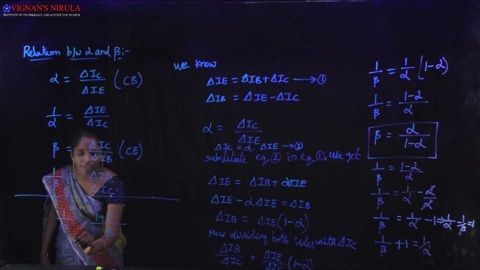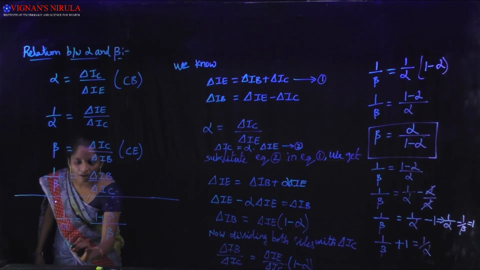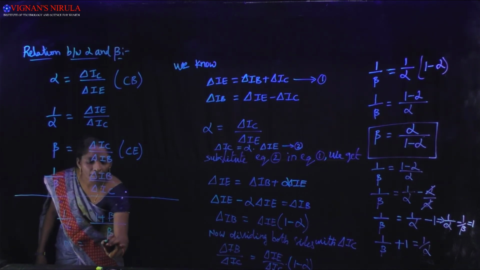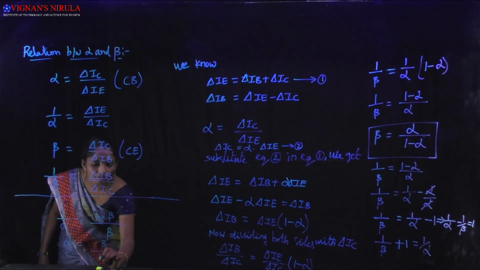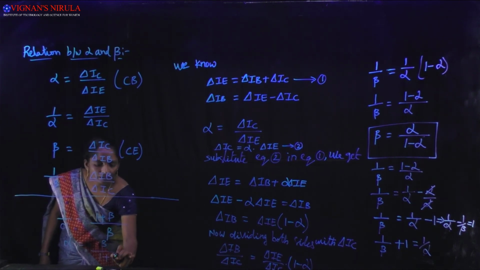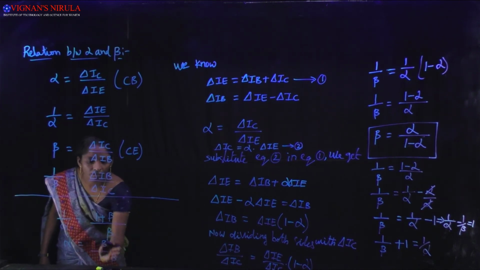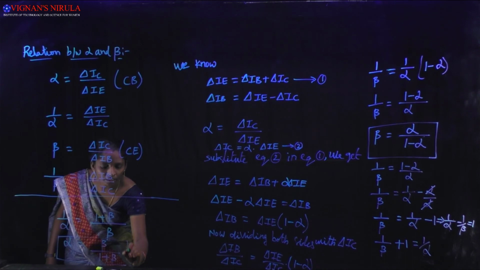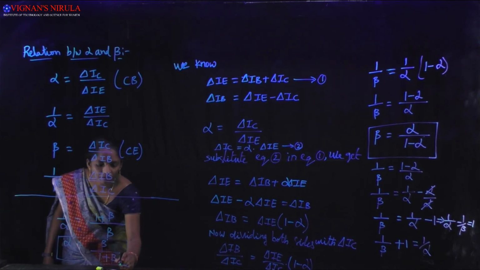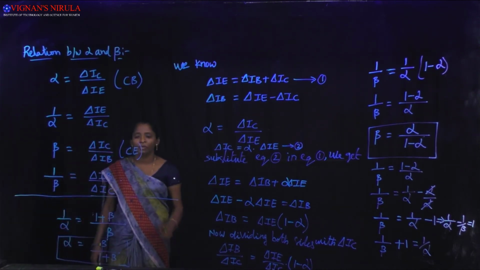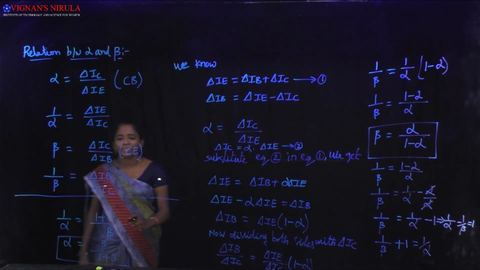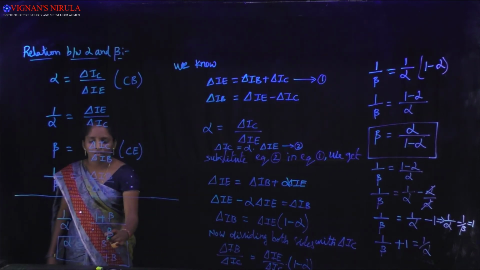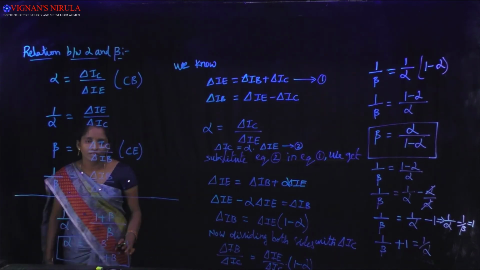From this equation we can write alpha equal to beta by 1 plus beta. This is the equation for alpha in terms of beta.